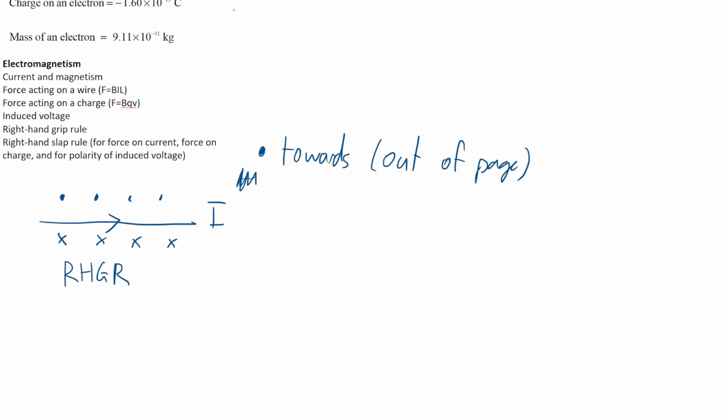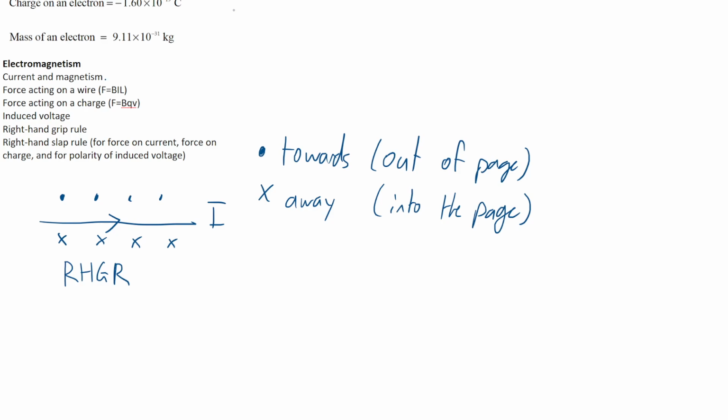A cross is away from you, or into the page. And we need to use this dot and cross notation because we're dealing with paper, which is two-dimensional, but we're representing something that is three-dimensional.